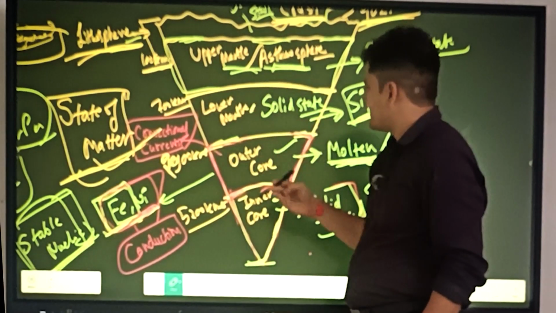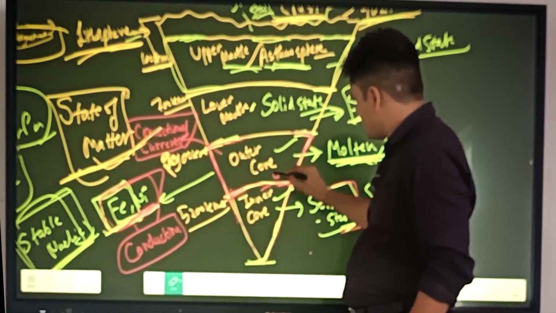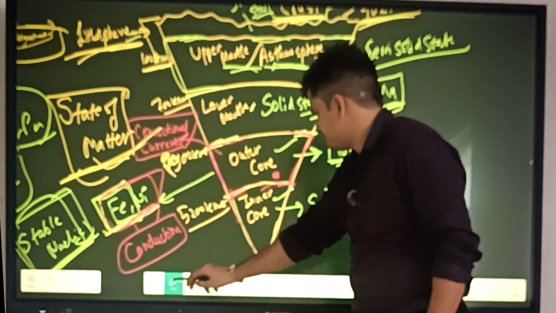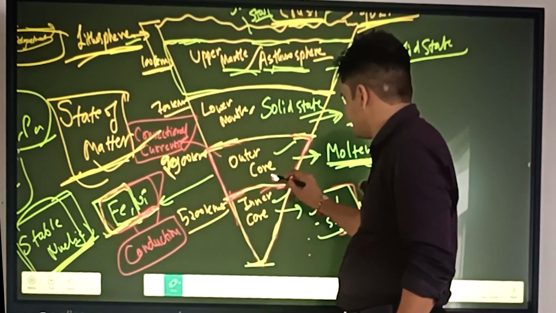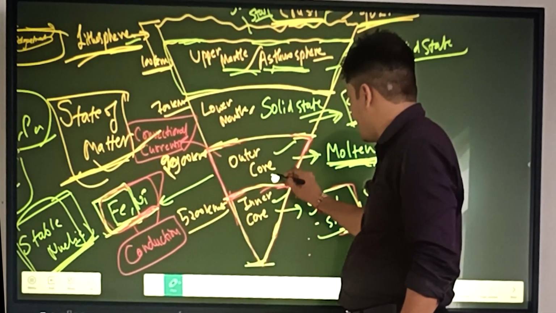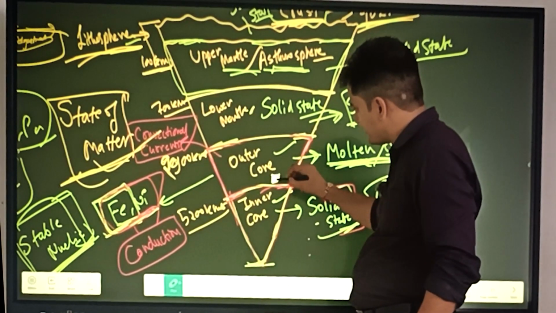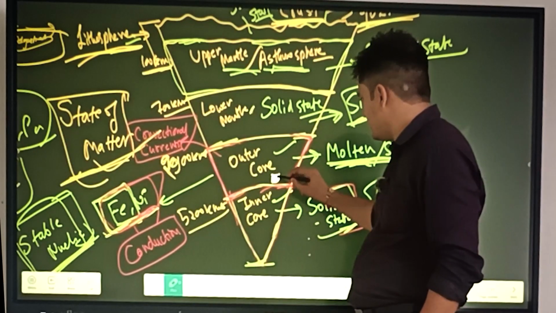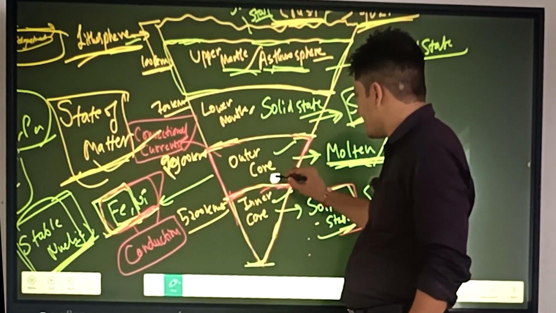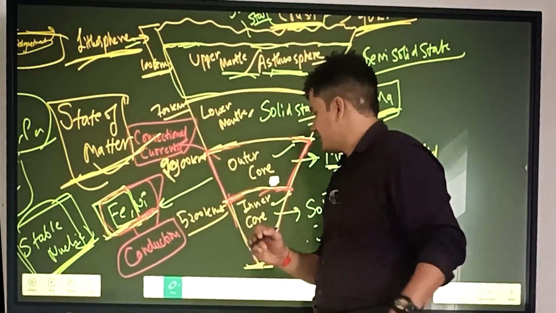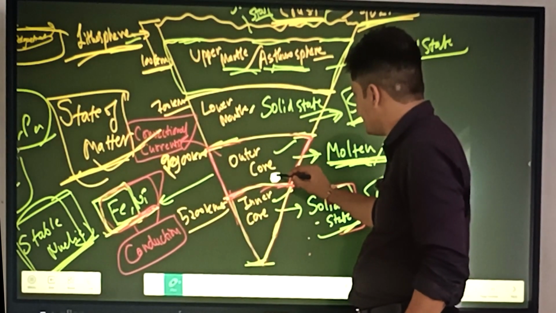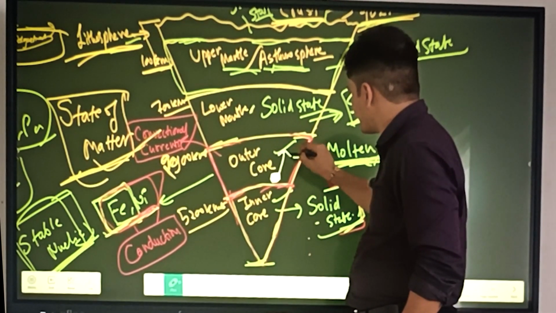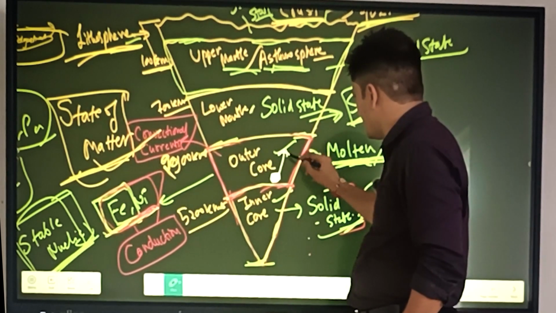We have discussed the density adjustments, like this is the material with high density. When it reaches the boundary of the inner core, the temperature is very high. This will expand and the density will decrease. If the density decreases, it will try to rise up toward the lower mantle.